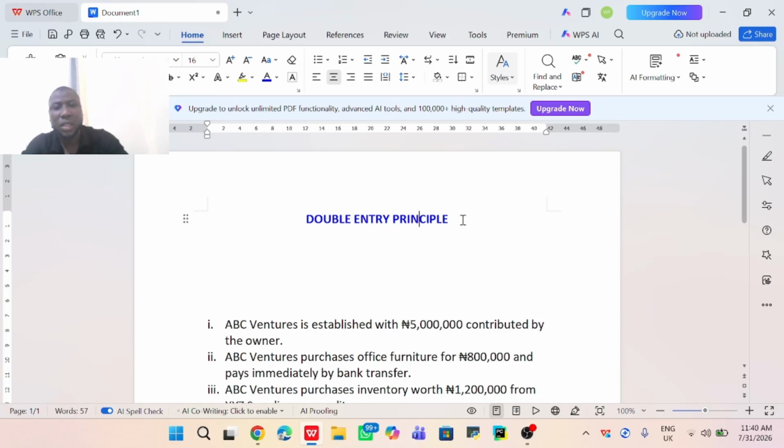Double entry principle is part of the accounting basics that we should understand very well. If you are a business owner, a student preparing to write O-level examinations or JAMB, or preparing to study accounting, these are the basic things you should know.